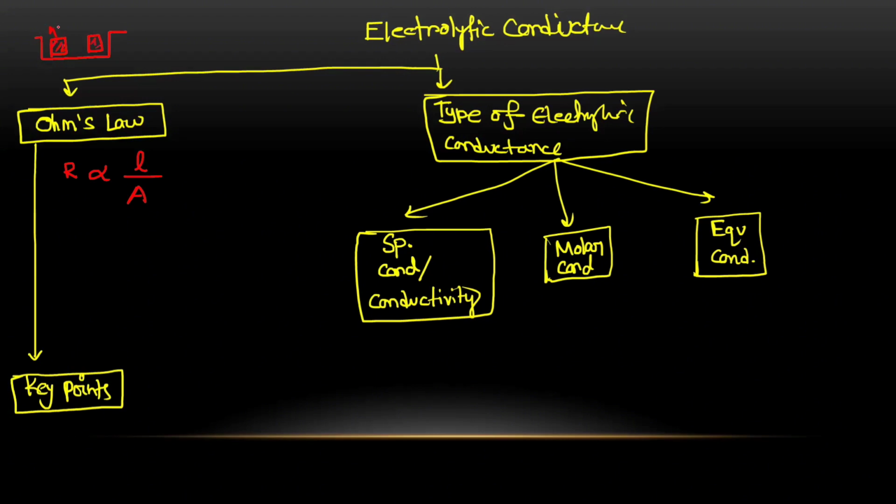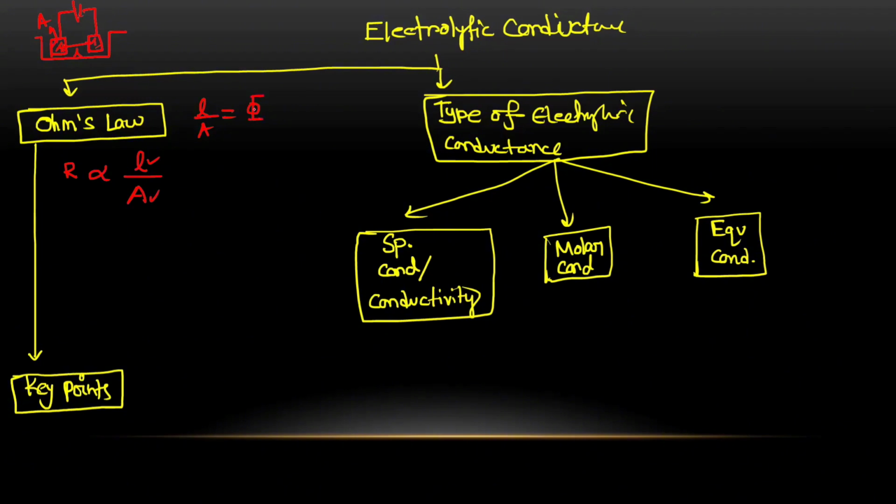The area of the electrode is A, and the length between these two electrodes is L.